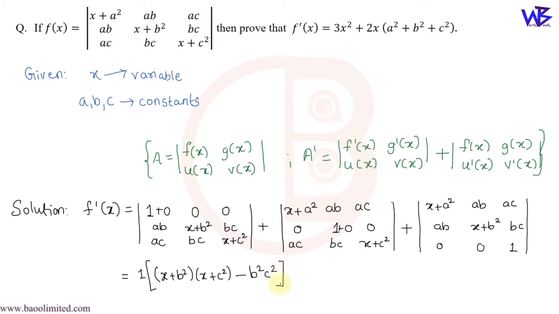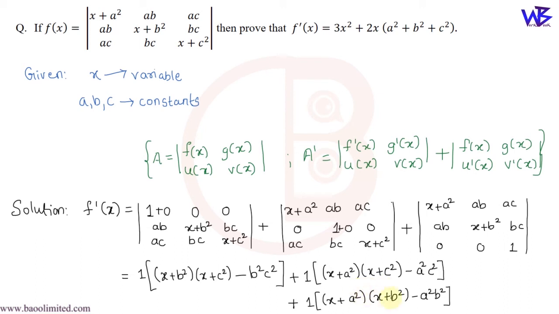Now the other two columns, first elements are 0 and 0. So whatever products we get from these into 0 will give us 0 again, and again into 0 for the last one will also be 0. So the only term we get from the first determinant is this. Similarly, from the second and third determinant, we will get these terms.